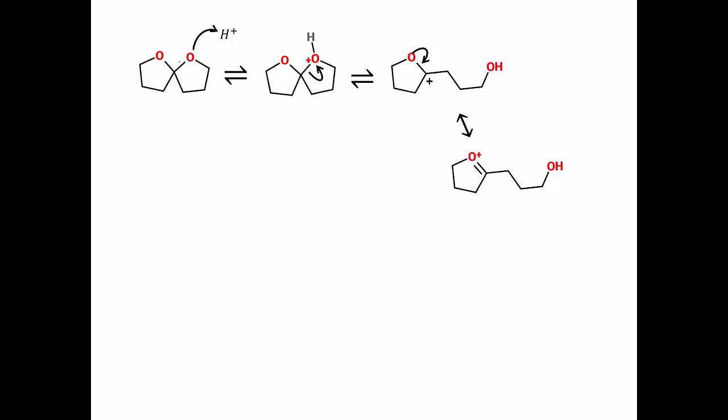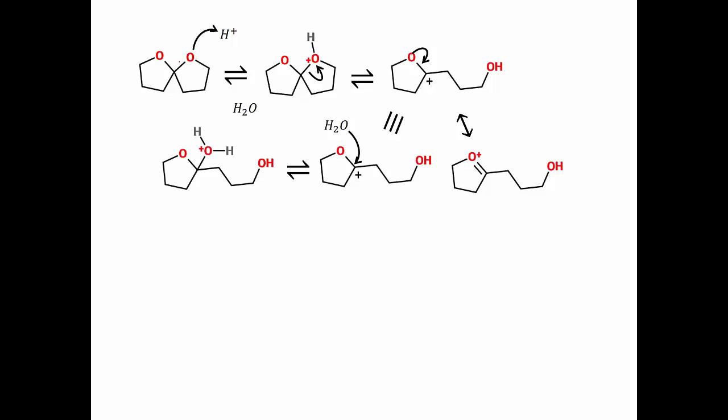There should be some water or some alcohol floating around in the solution, likely water, which can attack the carbocation. The water can then remove a proton from the protonated water structure, leaving an alcohol. Next, we want to remove the second of the ethers because our goal is to get back to alcohols and a carbonyl.